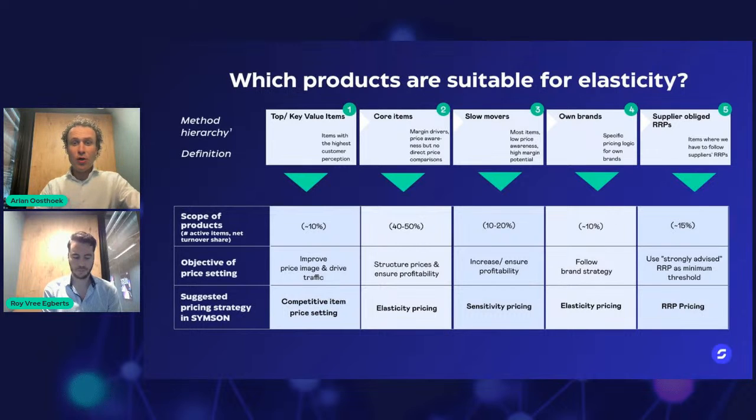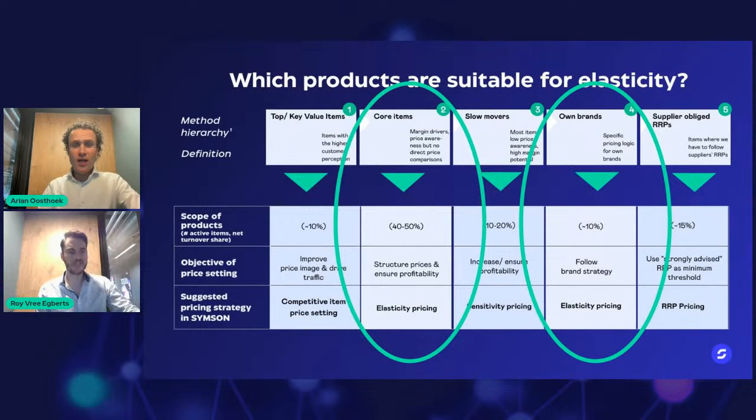So what's left next to slow movers is own brands. Own brands usually follow a specific brand strategy, but if you produce your own products or if you have your own private label brand, we see based upon our use cases that there is room for experimentation to see what the price sensitivity of your brand or your private label products is, and to experiment to come to the right willingness to pay for your own private label products.